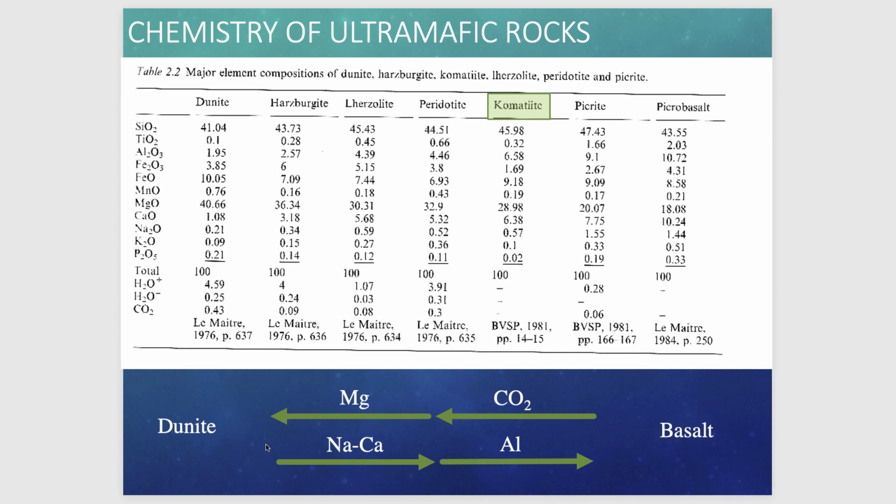But you see here a summary between dunite and basalt: the alkali, the magnesium, the aluminum content, and also the volatiles. I forgot to talk about volatiles. So you have down here parameters, such as the CO2 content, which certainly is decreasing if compared between peridotites and basalts.